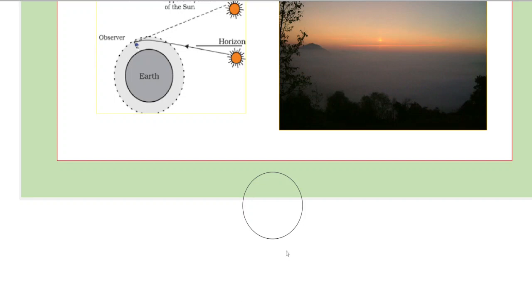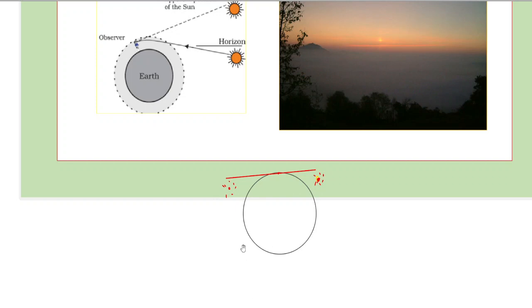If you look at this as the earth's surface, and suppose somewhere here an observer is standing, this line of sight is called the horizon. If the sun is below this point, just put a red dot here, it means the sun hasn't yet risen. If the sun goes below the horizon this side, it has already set.